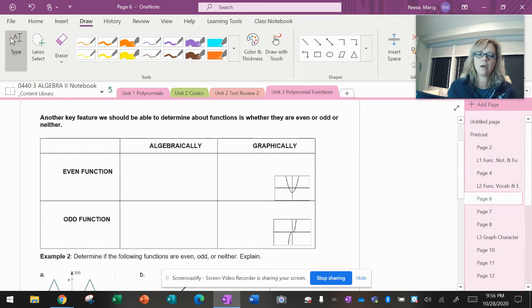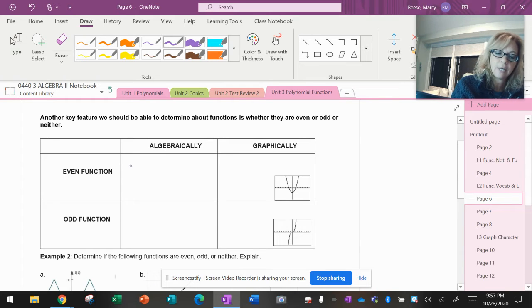All right, so we've got another key feature that we should be able to determine about functions, which is whether they are what they call even or odd or neither. Okay, so an even function, now this takes a little bit, so you gotta stick with me on this. This page is a little bit heavy, but you really gotta pay attention. And if you get stuck, stop and rewind, okay?